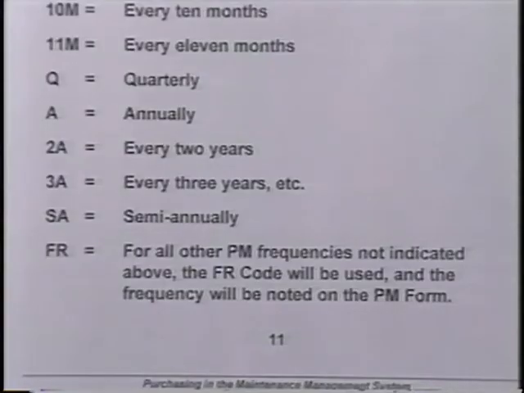If I move further down the list, and I have A, which is annually, and then we have 2A and subsequently 3A. Those represent every 2 years and every 3 years. And then the last frequency code, FR, is a code which identifies something that was prompted by a machine operator.